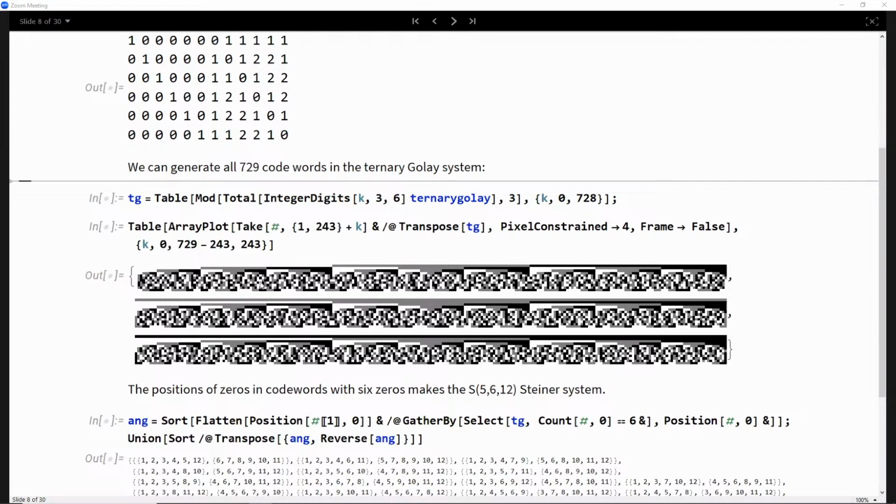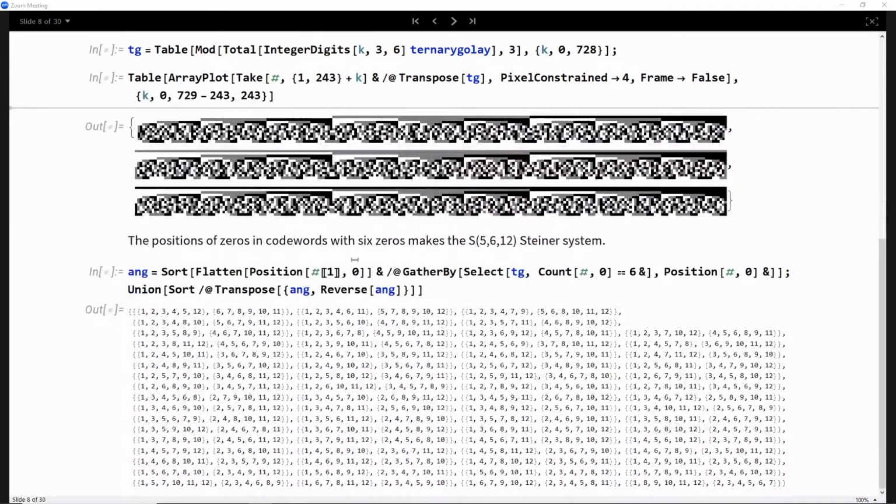So these are representations here for the columns, showing what the codes look like. You can see they make some sort of interesting pattern here. And if you take a look at the positions of zeros in the code words, you get the 5, 6, 12 Steiner system.